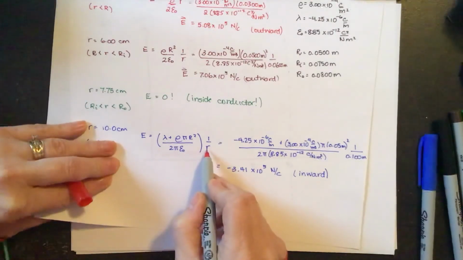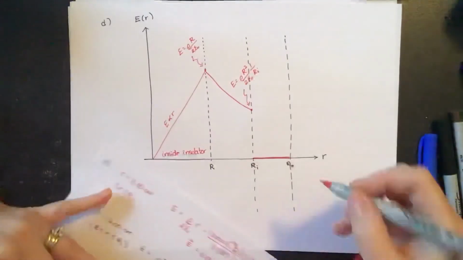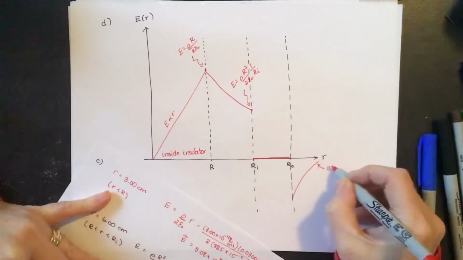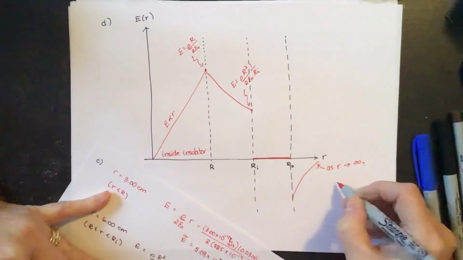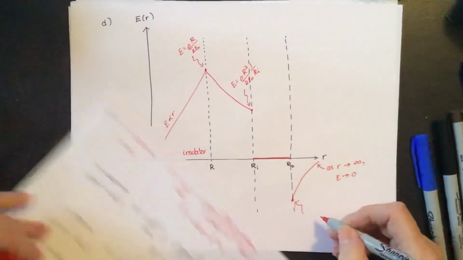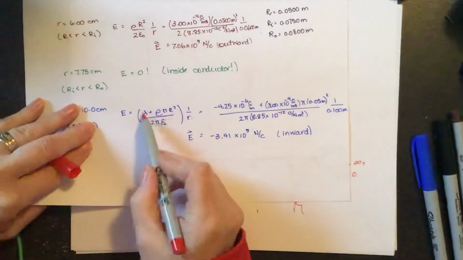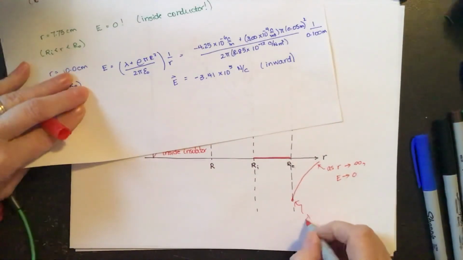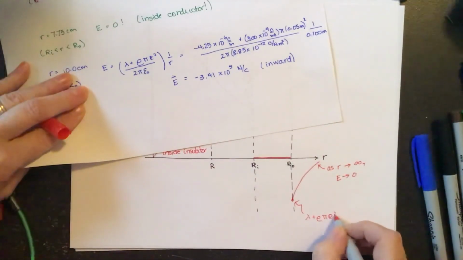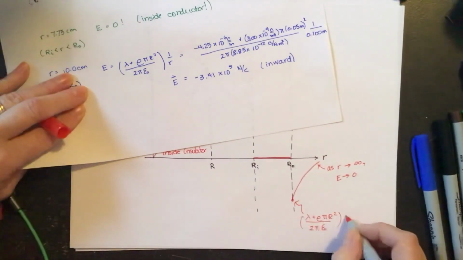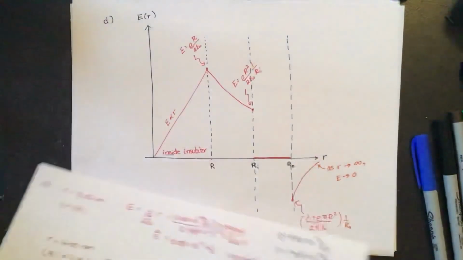So we're going to start at some negative value, and we're going to curve towards 0. So for this part, as R gets large, E tends towards small. For this point right here, our electric field is going to be this number right here times 1 over the radius of the outer surface of the conductor. So we're filling in R equals R0. And you can find that number if you wish.